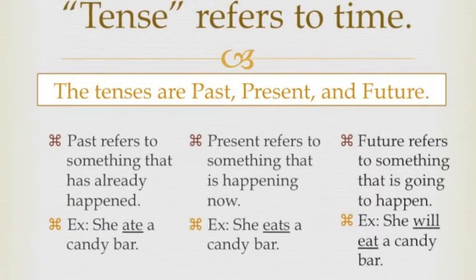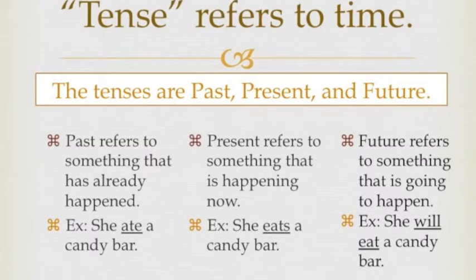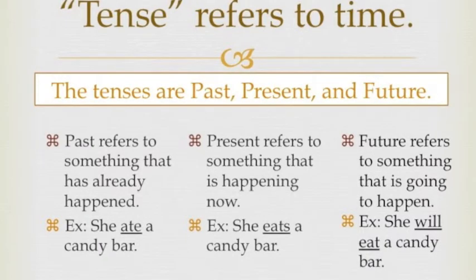When we look at tense, it means it refers to time. The 3 different tenses of verbs are past, present, and future. When we look at past tense, it refers to something that has already happened in the past. An example that follows is, she ate the candy bar.